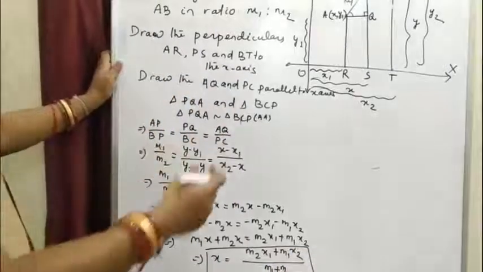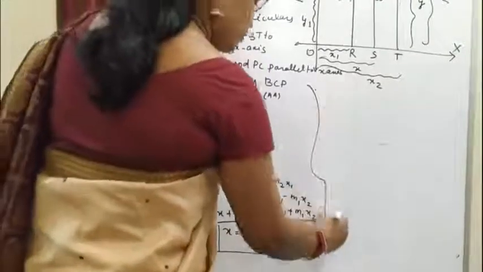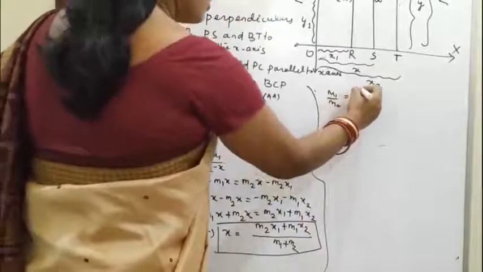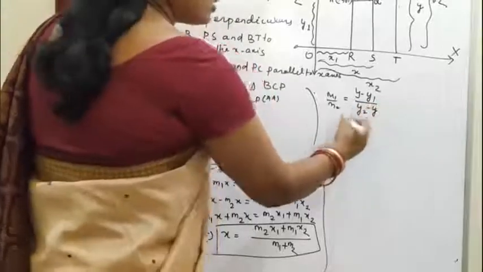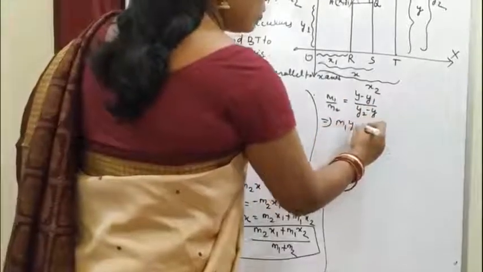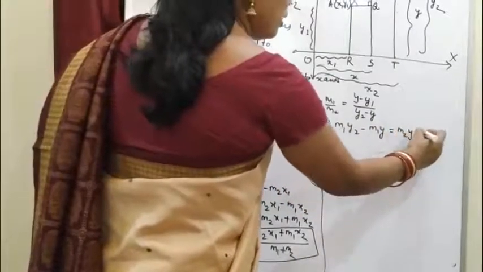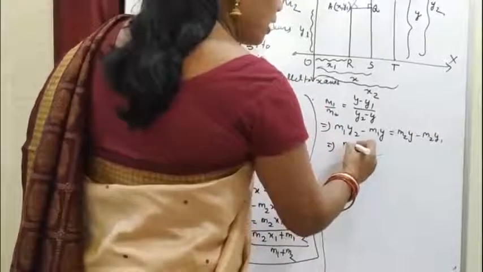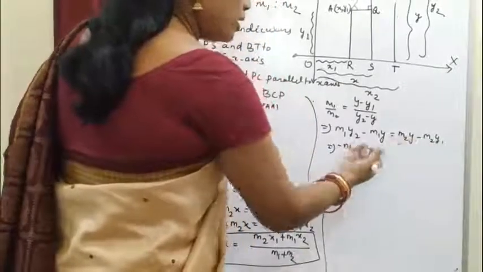Then we have to find the value of y. So m1 by m2 is equal to y minus y1 by y2 minus y. Let us cross multiply. So m1y2 minus m1y is equal to m2y minus m2y1. We have to put the y on the left side.